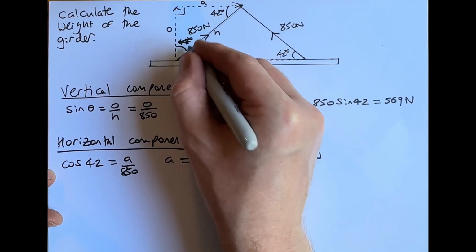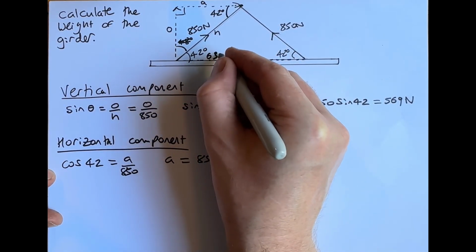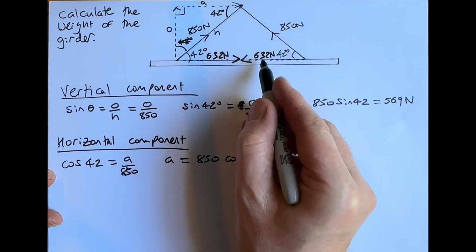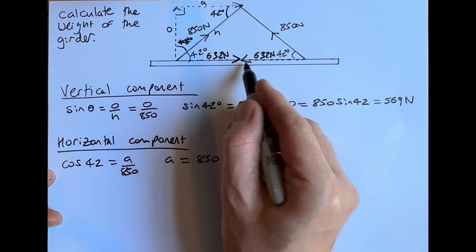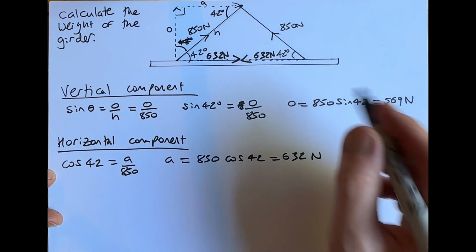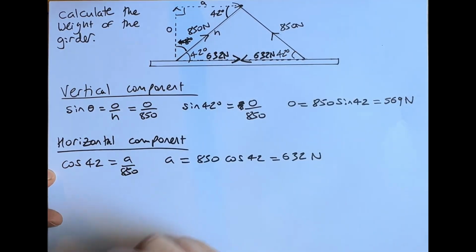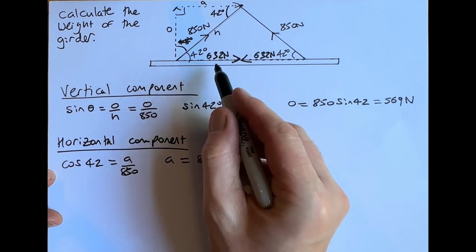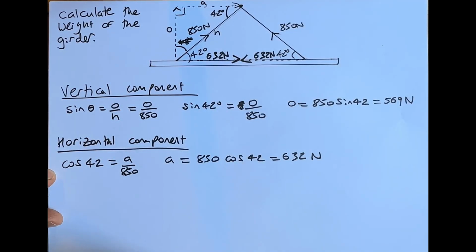The horizontal component of this force here is 632 newtons and the horizontal component here is 632 newtons. They are equal forces acting in opposite directions. When we have equal forces acting in opposite directions on an object, those two forces cancel out and their resultant will be 0. So horizontally, the resultant force is 0.